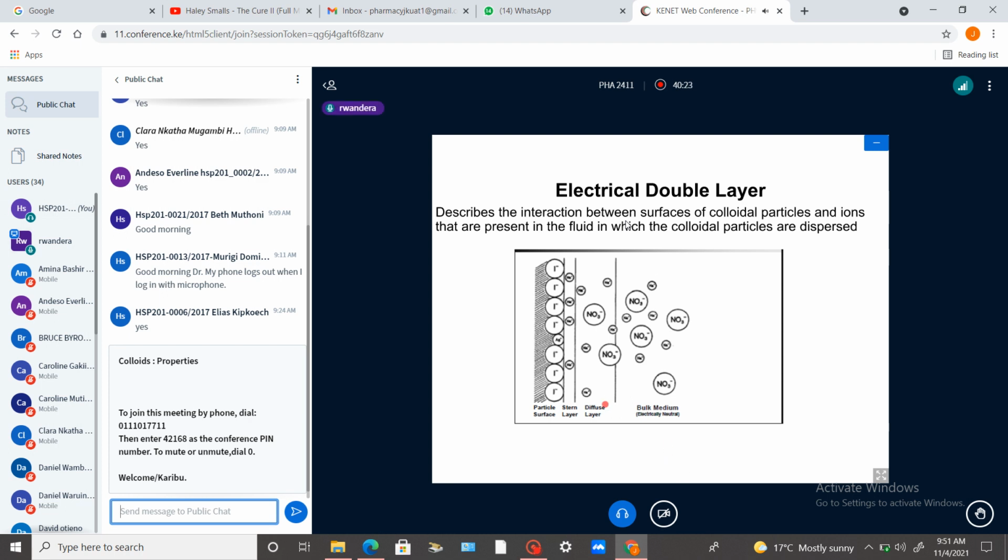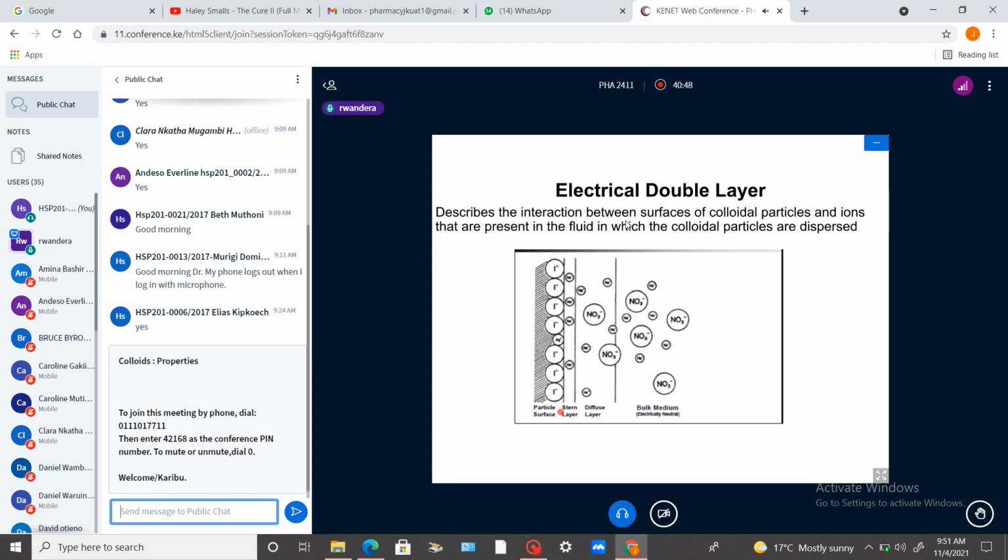As a result of these layers, the Stern layer and the diffuse layer, what is generated is what we call the electrical double layer. It simply describes the interactions between the surfaces of colloidal particles and the ions present in the fluid in which the colloidal particles are dispersed.